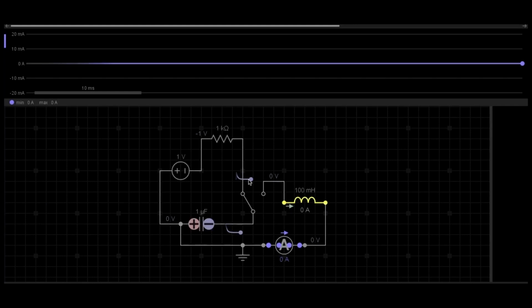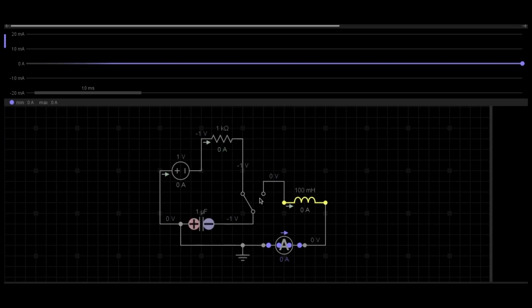What I just did is click the switch, and now the capacitor is fully charged through this circuit. Hope you can see this circuit. The capacitor is charged through the source. Now once I click this switch button again, it will flip to the other side where the inductor is connected.